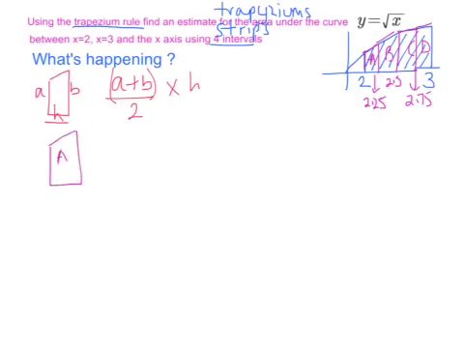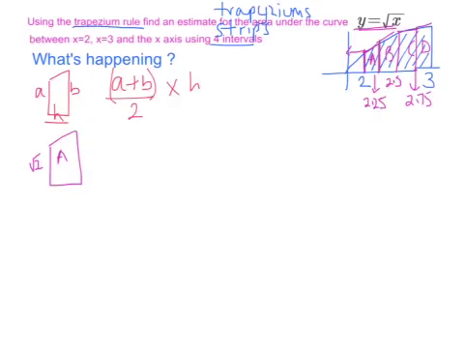I want this height. Now, how do I find this height? I find this height by feeding the x value into the y value, and then that will give me that height there. So this height is actually the square root of 2. How do I find now this height?